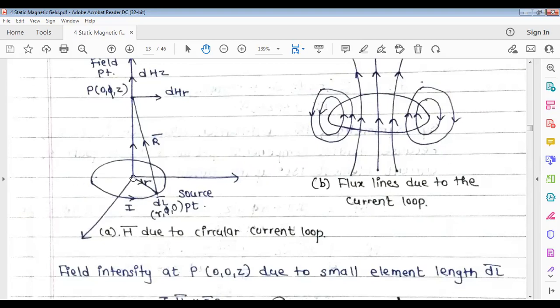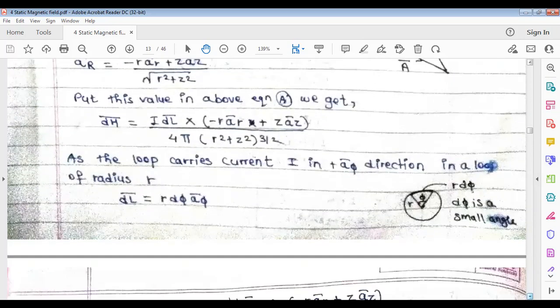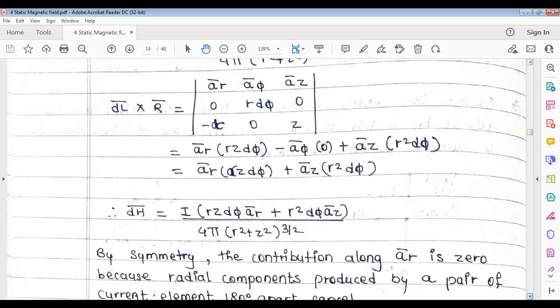In one direction it is plus a bar r, and in the opposite direction it is minus a bar r. So when we consider the radial components of this filament, they get cancelled. That's why the a bar r term becomes 0 here.